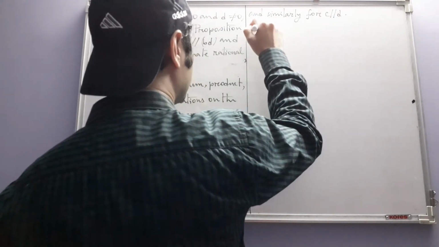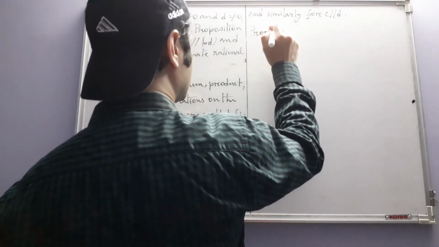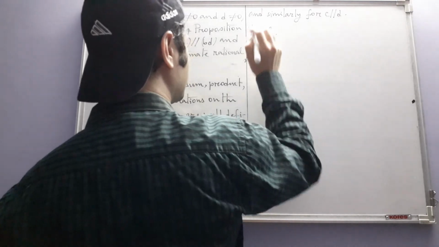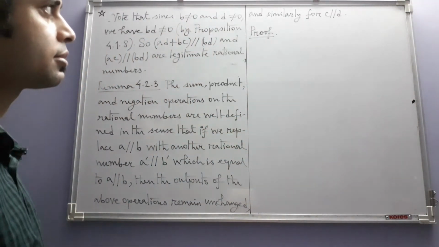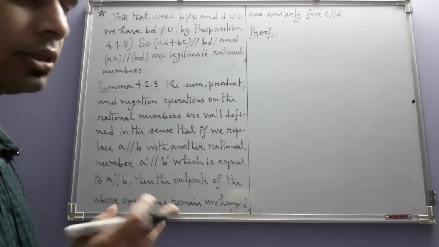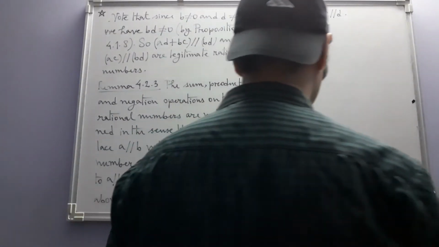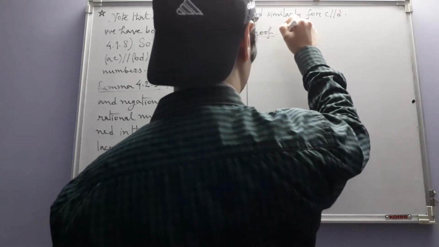So the proof. Naturally, a part of the proof has only been done in the text, and the rest is left to us in the exercises. So we just verify this for addition.